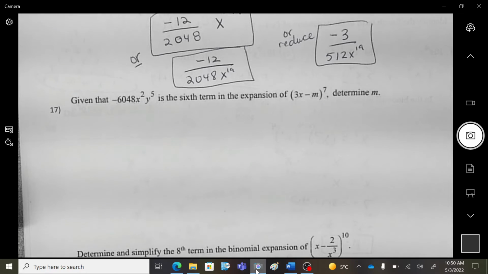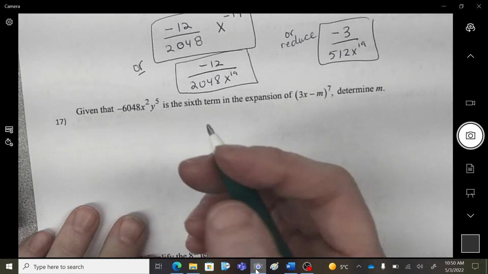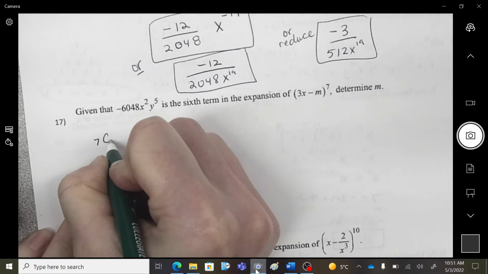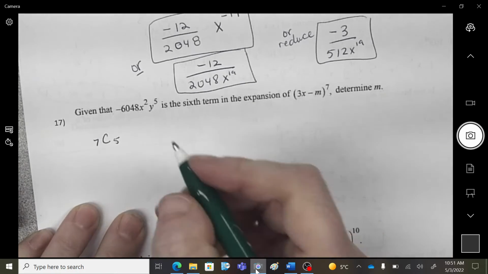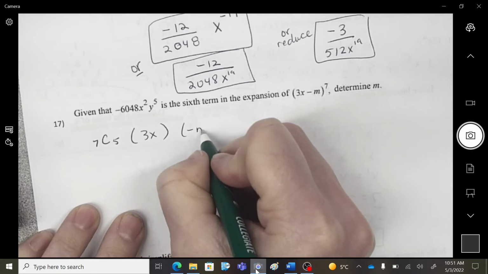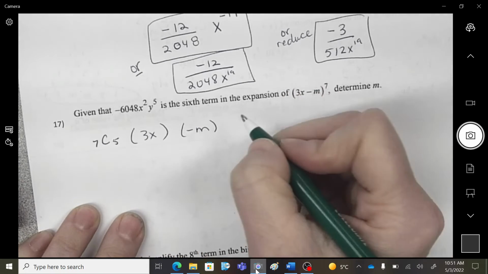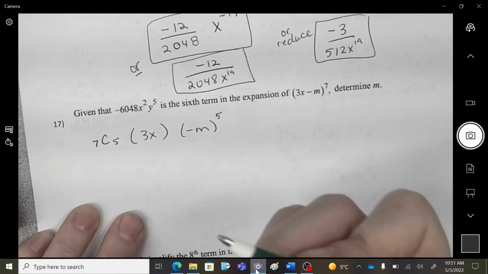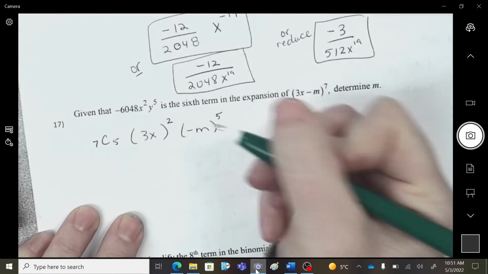Given this is the sixth term, determine m. Okay, so if we have the sixth term, we're going to be doing a 7 choose 5. We're going to have the first unit, the second unit. This will be a 5, and this will be a 2.